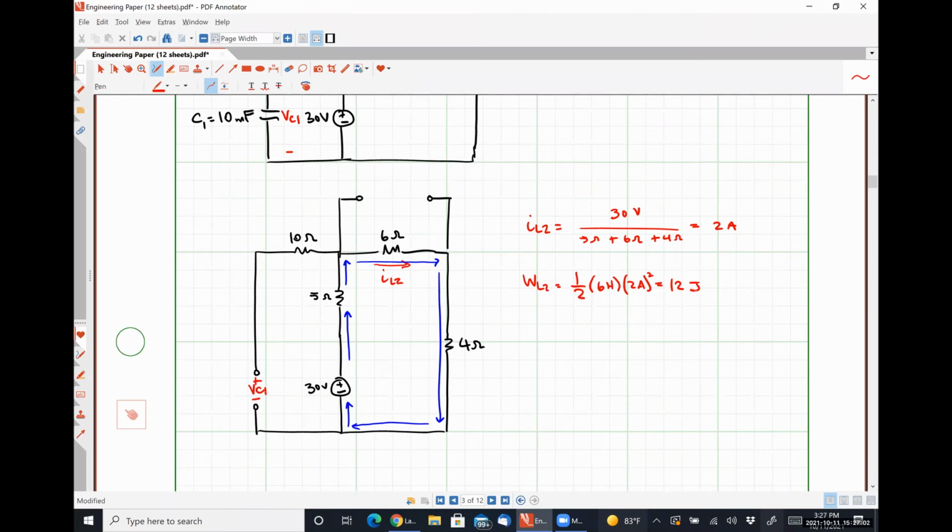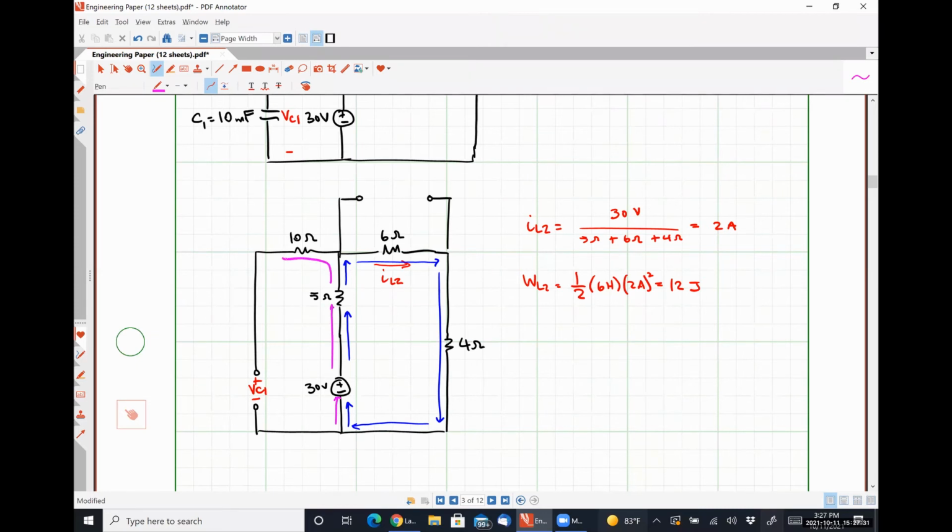What Cheston has suggested is that we can now write a Kirchhoff's voltage law equation around that left-hand path that contains the open circuit over which we're trying to determine our voltage, right? So I'm going to draw that path in pink.